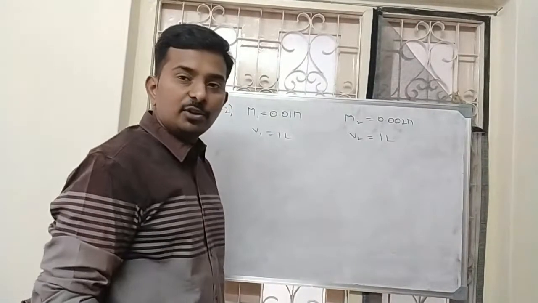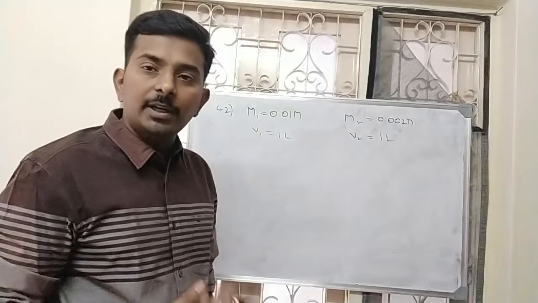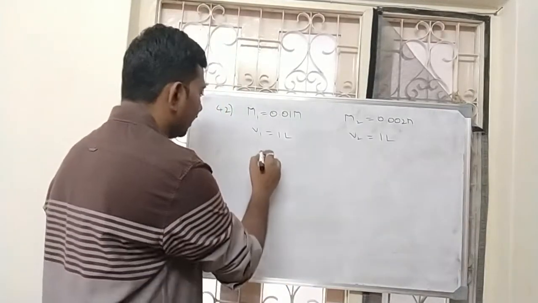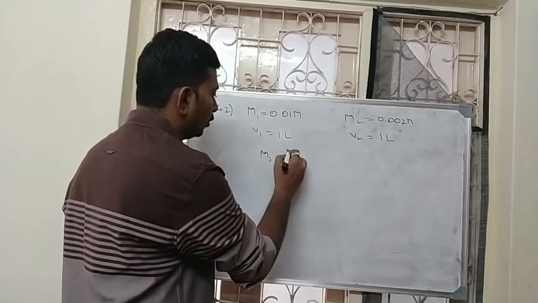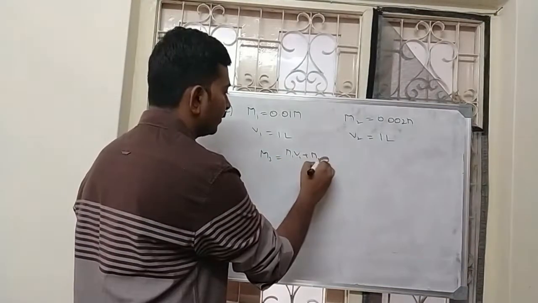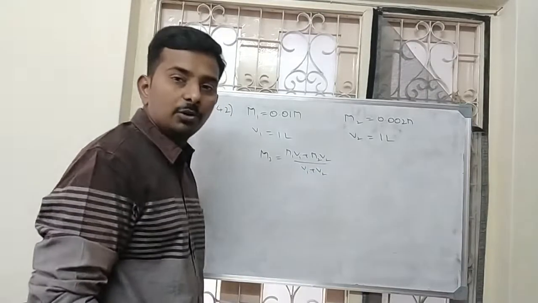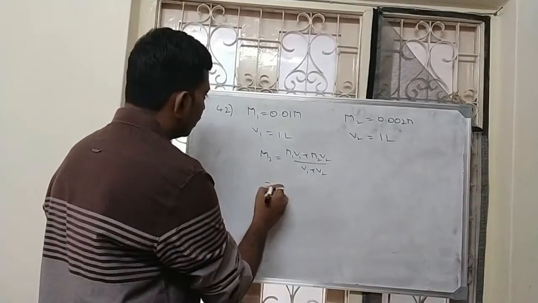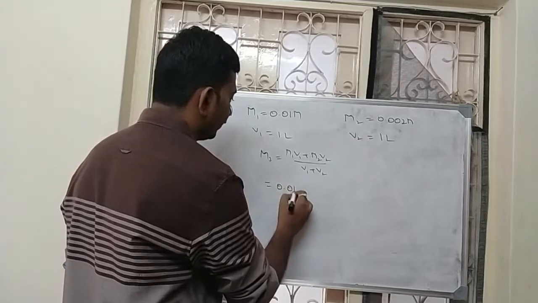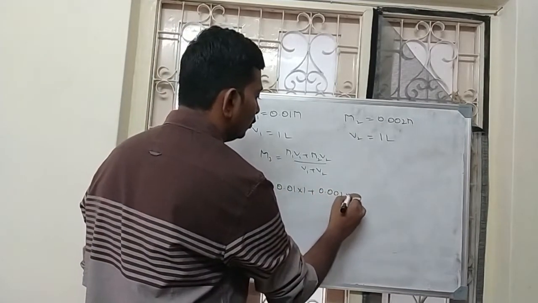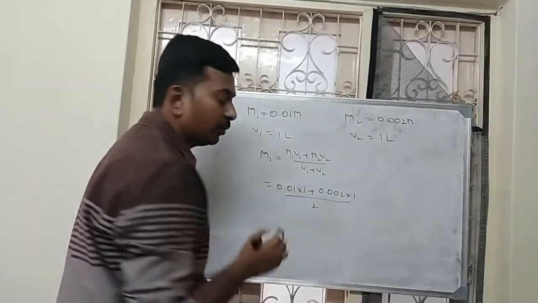When we mix these two solutions, we need to calculate the final concentration of the resultant solution. So how will we calculate? M3 is equal to M1V1 plus M2V2 by V1 plus V2, that is total volume. So M1 is 0.01 into 1 plus M2 is 0.002 into 1, by total volume is 2.